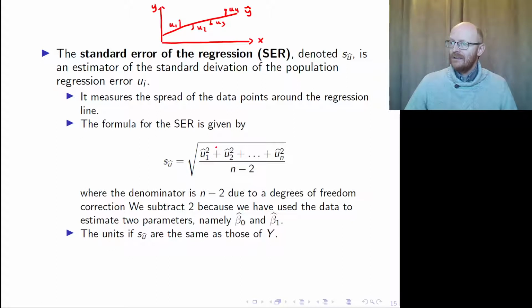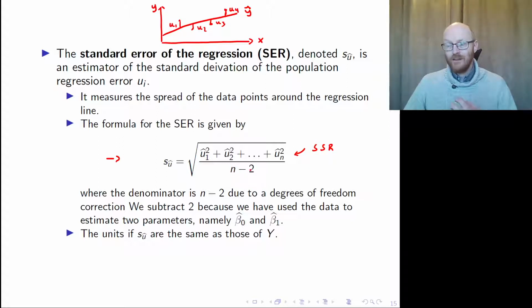And here the formula for the standard error of the regression is given by this, and you see that this is just the sum of squared residuals in the numerator. So then you just calculate the sum of squared residuals.